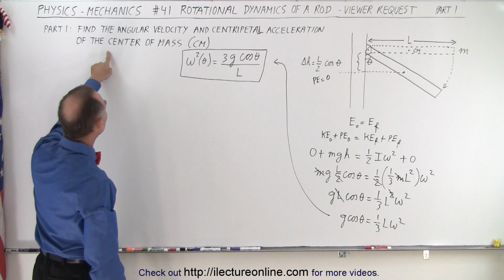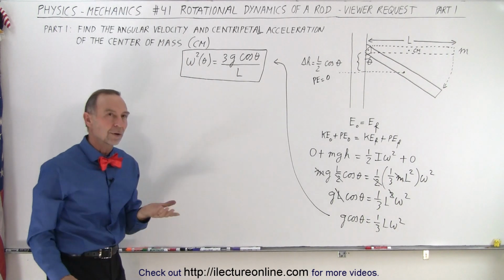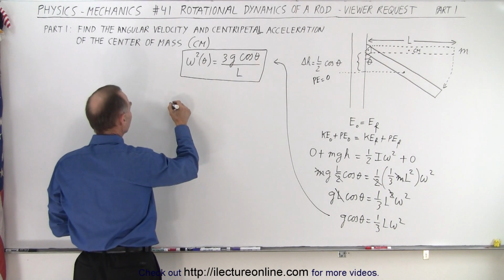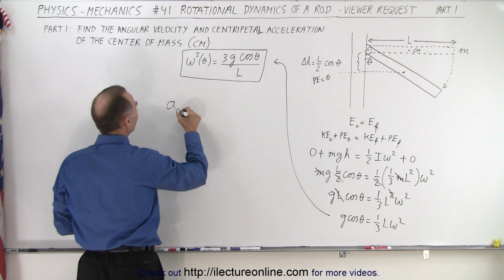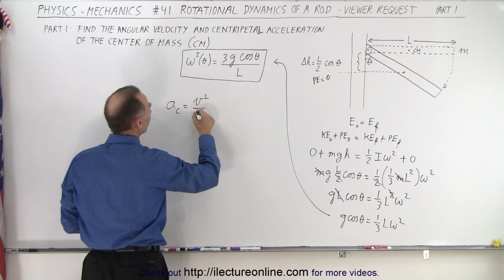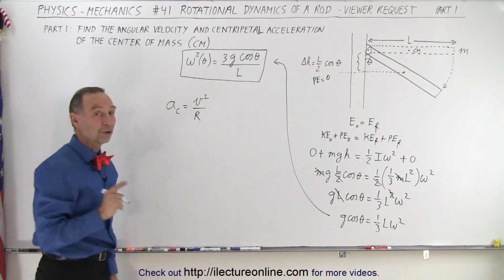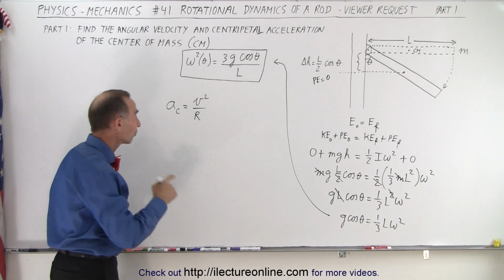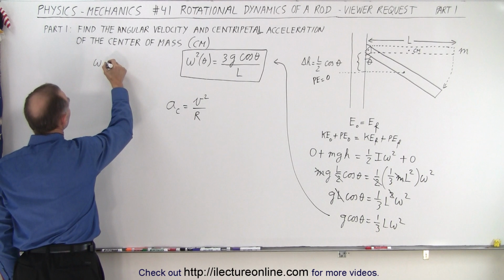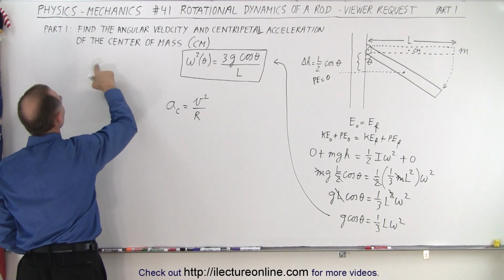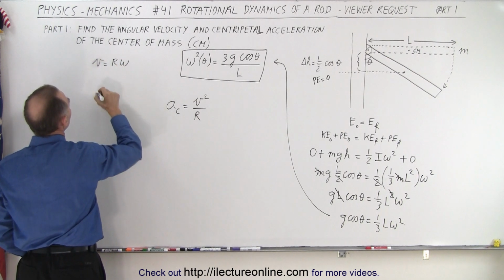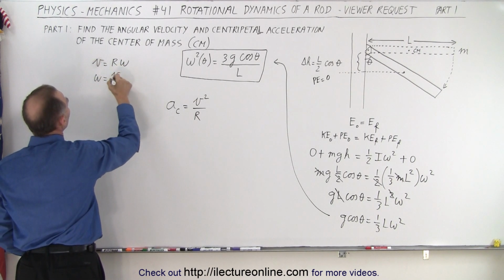Okay, now we want the centripetal acceleration. We have an equation for it: acceleration sub c, centripetal acceleration, is equal to v squared over r. Now we have to convert omega to v. The velocity is equal to the radius times omega, which means omega is equal to v over r.